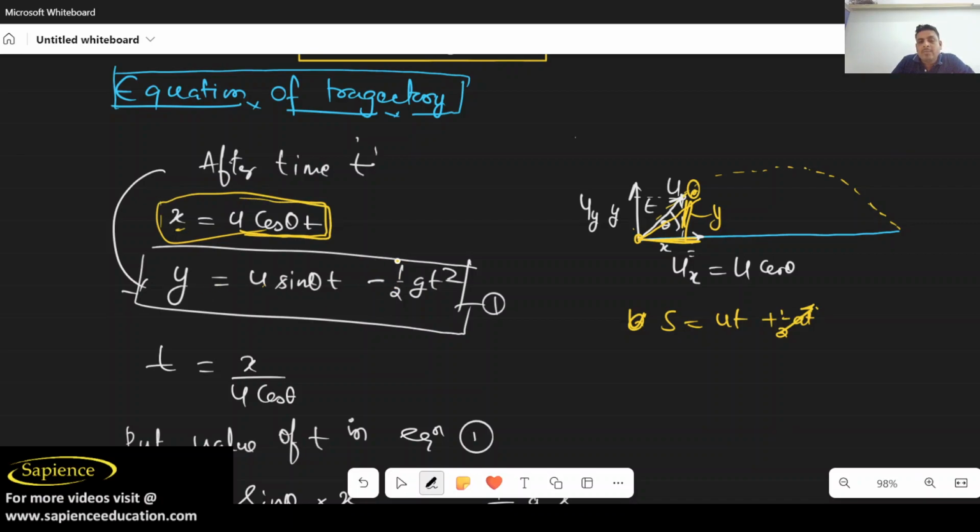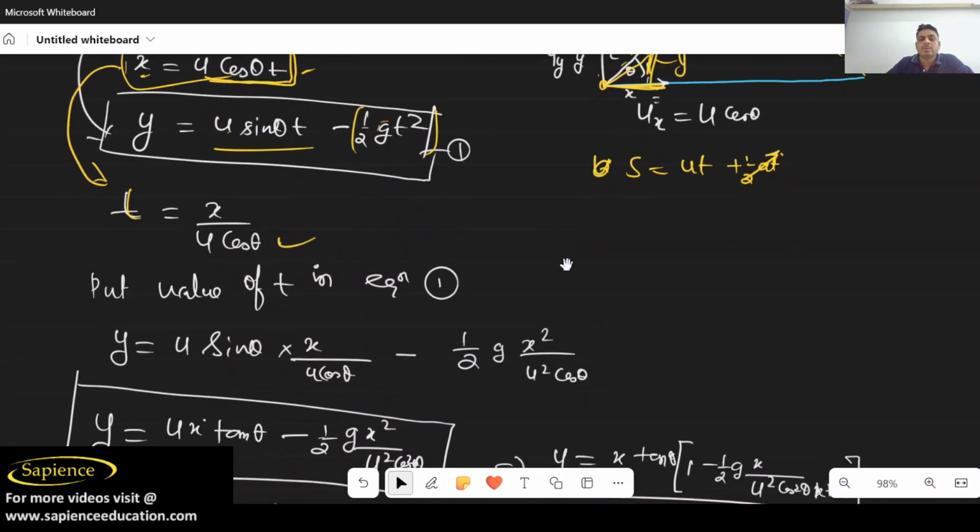But the acceleration in the y component is g, it is not 0, so we have to take into account half g t square as well. Now from the x equation we get time t is equal to x by u cos theta. Now put this value in the y equation.